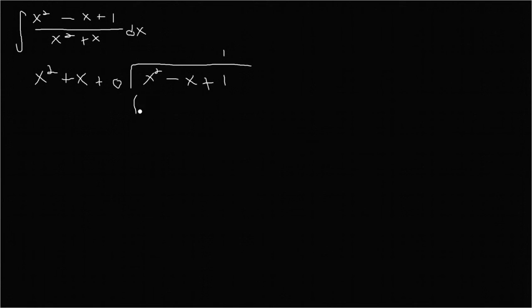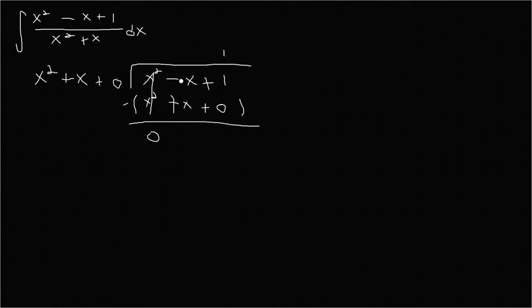So now we have x squared times 1. And then x times 1 is just x, so plus x, and 0 times 1 is 0, so plus 0. We're going to subtract these, and this will cancel, say 0.